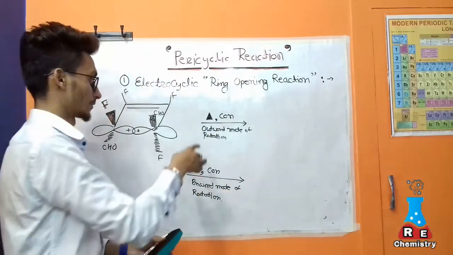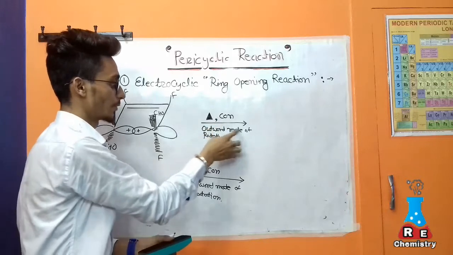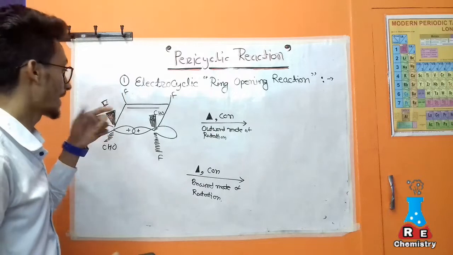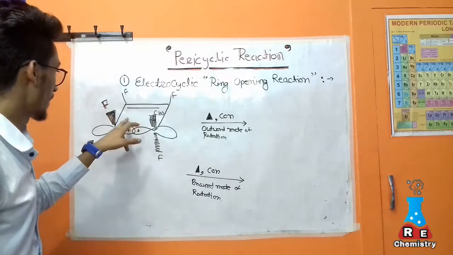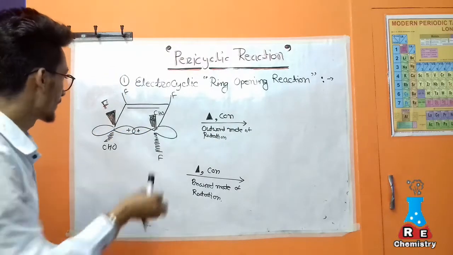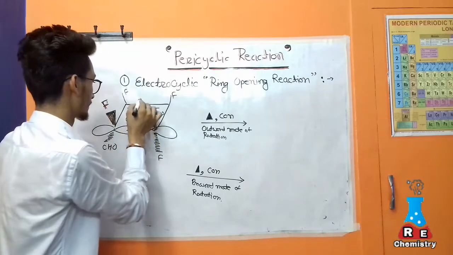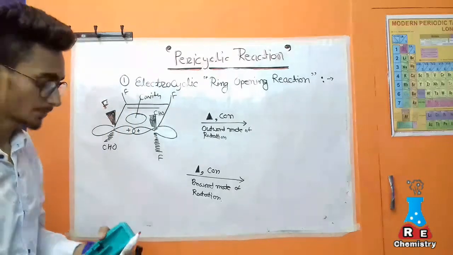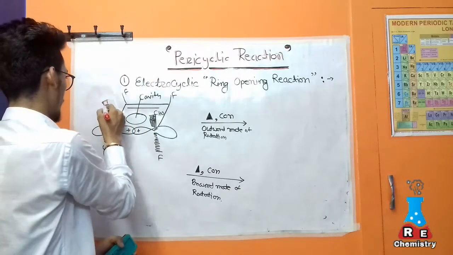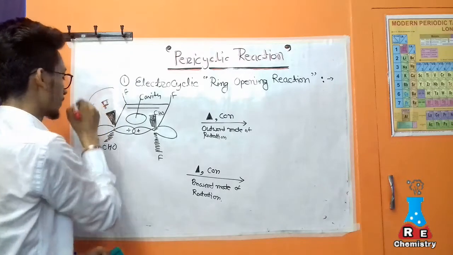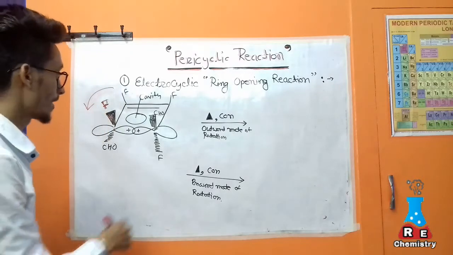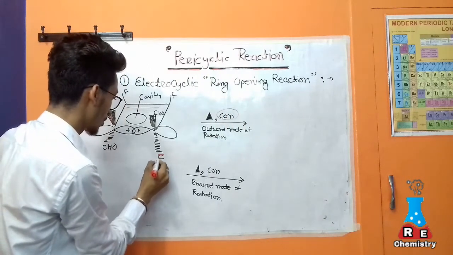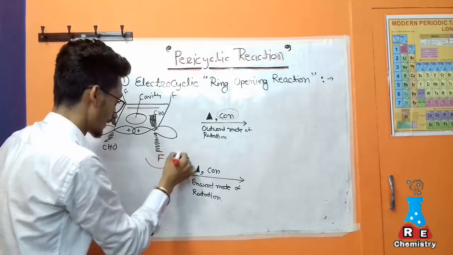Outward mode of rotation means the substituent groups migrate away from the cavity of the substrate molecule. This fluorine substituent migrates anti-clockwise, so due to the conrotation, this fluorine substituent also migrates anti-clockwise.